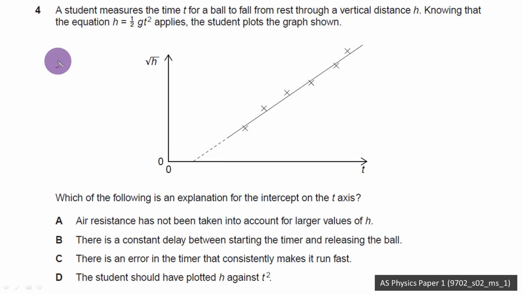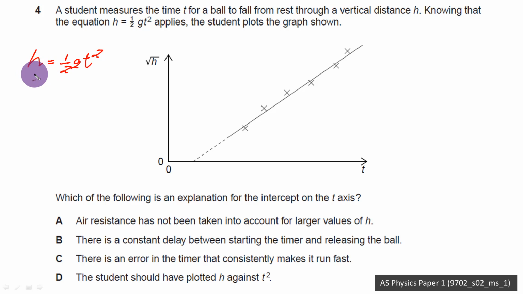First of all, let's look at this equation: h equals a half g t squared. There are two variables here. t is the independent variable while h is the dependent variable.